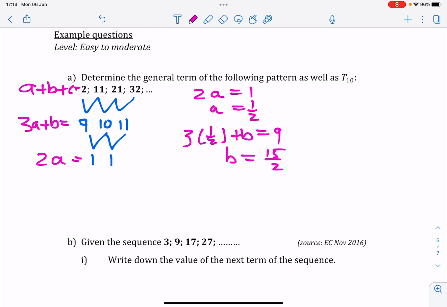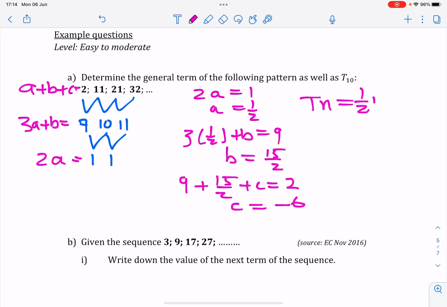And then a plus b plus c, which is 9 plus 15 over 2 plus c, is equal to 2. c will come to minus 6. So Tn is equal to half n squared plus 15 over 2 n minus 6. That's your general formula.